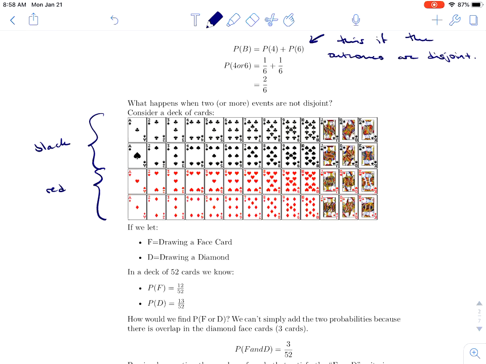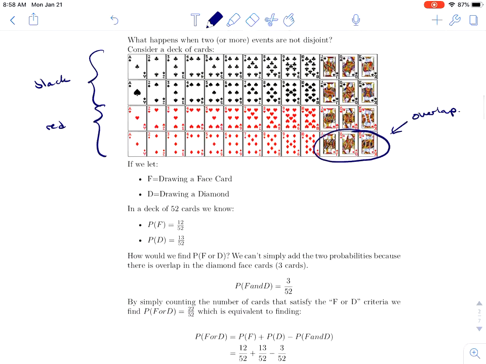But what if I'm drawing a face card, so I want to know the probability of drawing a face card, but I also want to know the probability of drawing a diamond. So here we've got all these diamonds, and here we've got all these face cards. Because there's this overlap here, face cards and diamonds can happen at the same time.